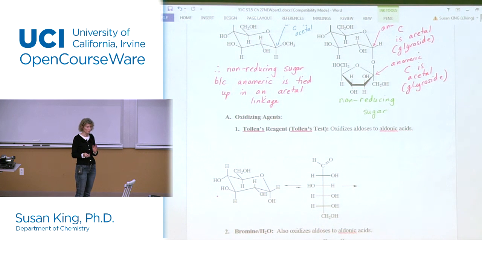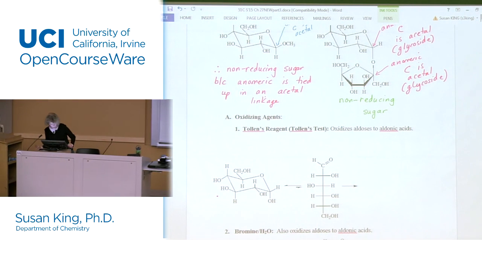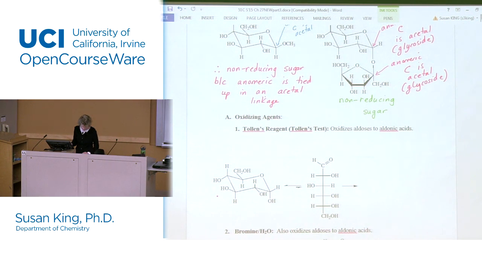But remember, when you add an oxidizing agent to the sugar, the oxidizing agent is itself reduced while the sugar is oxidized. So it is a reducing agent, but I can see how that would be a little confusing. So Tollens' reagent oxidizes aldoses to aldonic acids. Since this anomeric carbon is a hemiacetal, that means it's a reducing sugar.